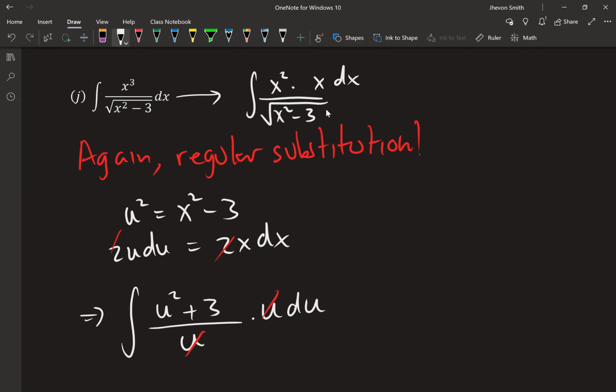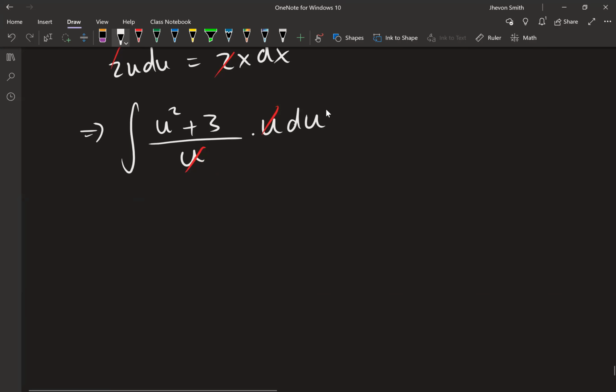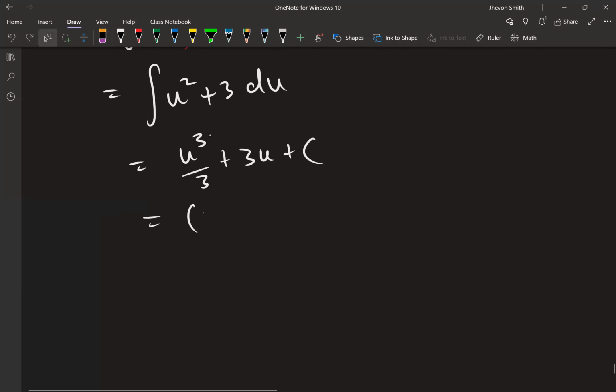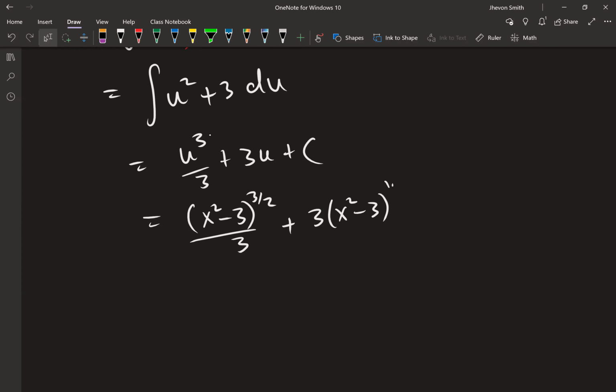And this is just the integral now of u squared plus 3 du. Power rule. And then you plug that back in. So this was x squared minus 3. So this is x squared minus 3 to the 3 halves over 3 plus 3 times x squared minus 3 to the 1/2 plus c.